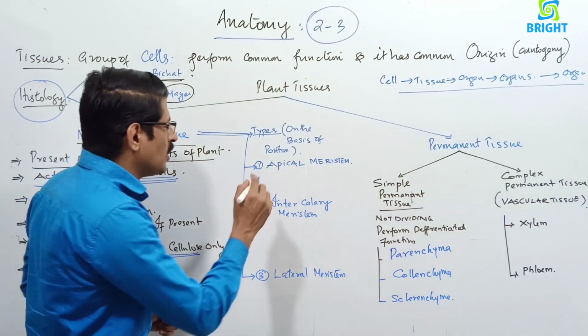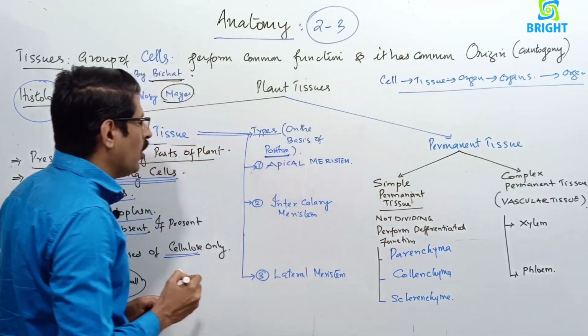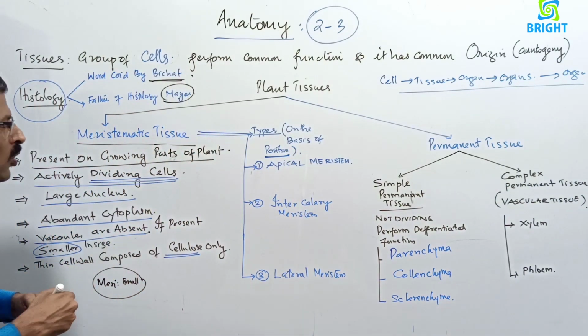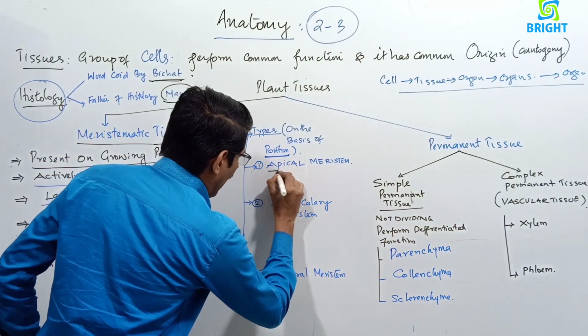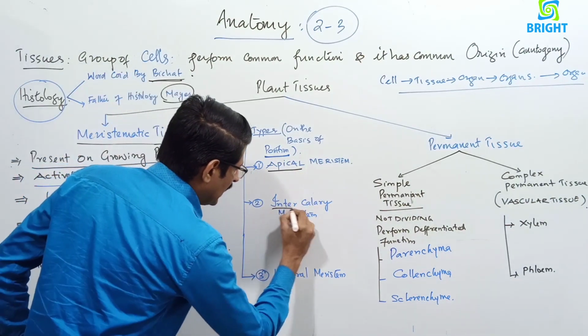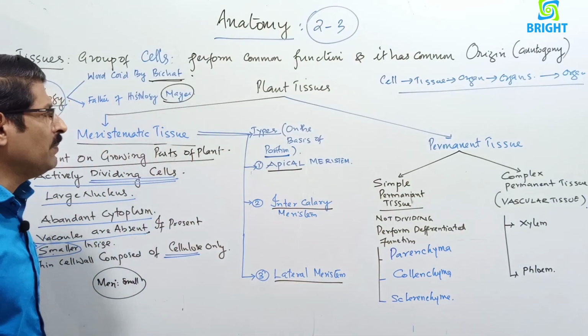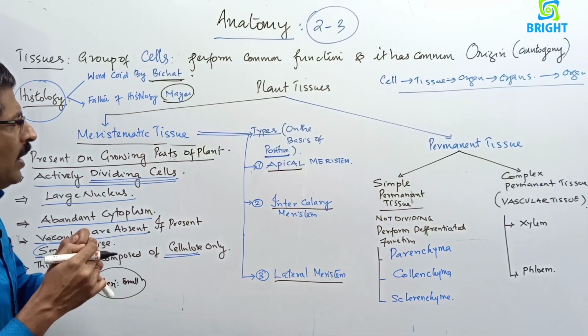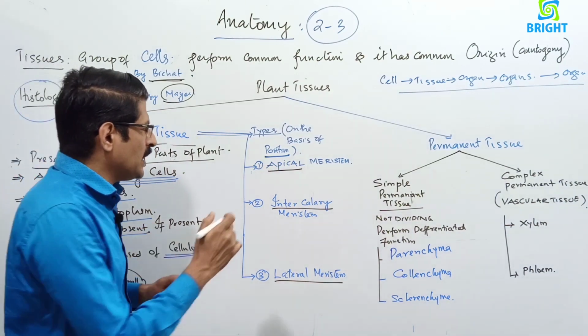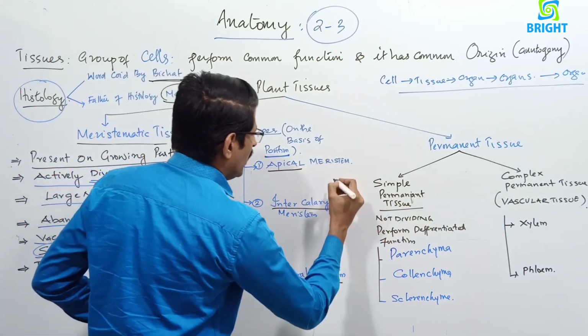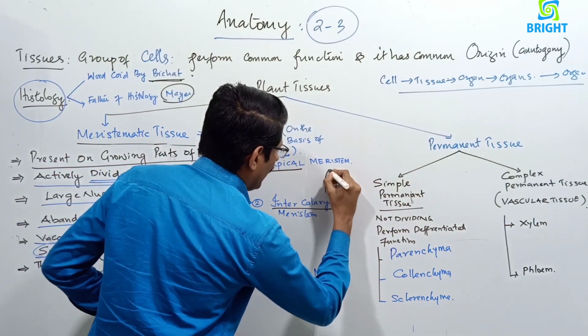On the basis of position in the plant body, the meristem can be divided into 3 different types: apical meristem, intercalary meristem, and lateral meristem. When we hear the term, we can expect the position. Apical meristem is present on the tip of the plant body.